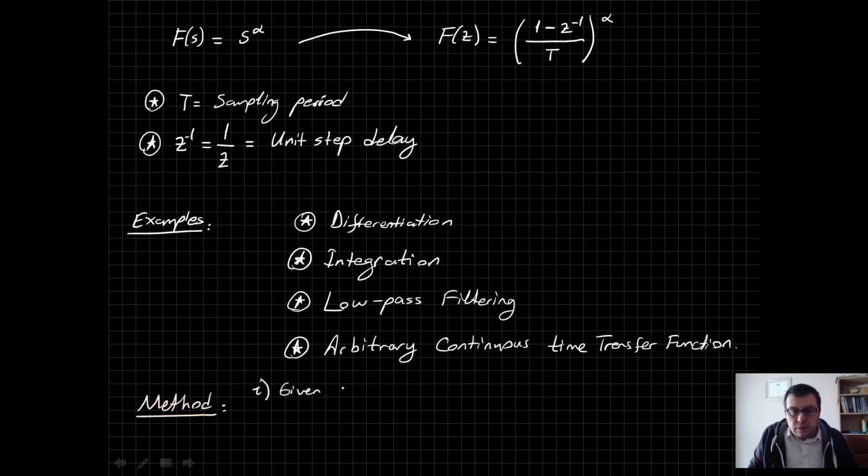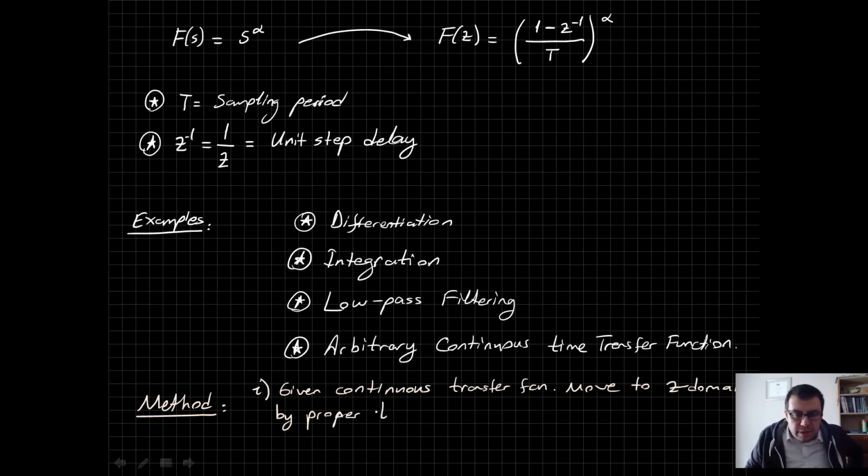Given a continuous transfer function, move to the Z domain by proper transformation. In our examples, we will stick with the backward Euler method, where s is being represented as (1 minus z to the minus 1) over T.